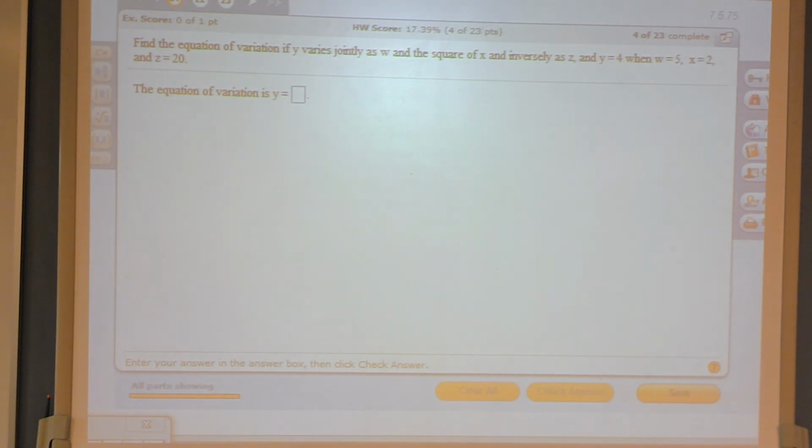But shouldn't you do inversely first, so you can get the square of x to put back into the jointly?